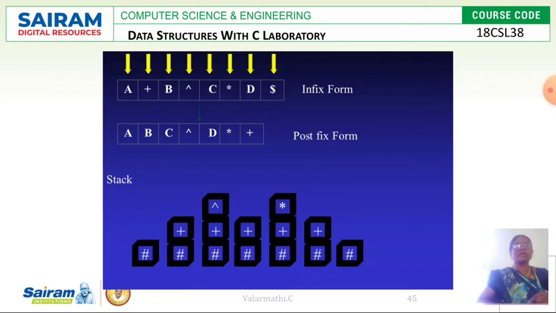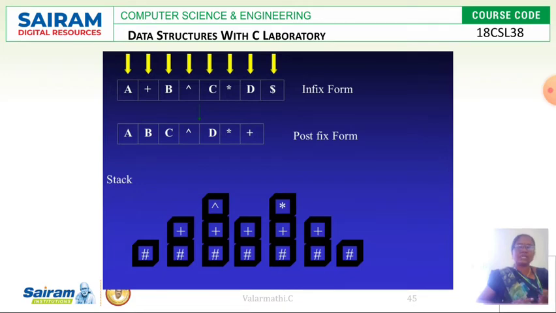If it is greater, it should be immediately stored in the stack, right? So it is stored now. Then what is the next character? C. C is an operand, so it will be stored in the output stack as the third element, right? So as of now, A, B, C is stored.